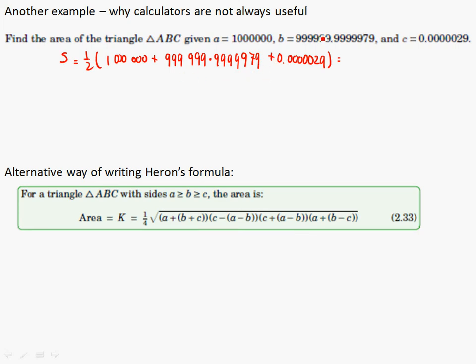And did anybody do it? What did you get? If you have a calculator, do this on your calculator, because it's sort of interesting to see what happens here. See what you can get for the semi-perimeter.